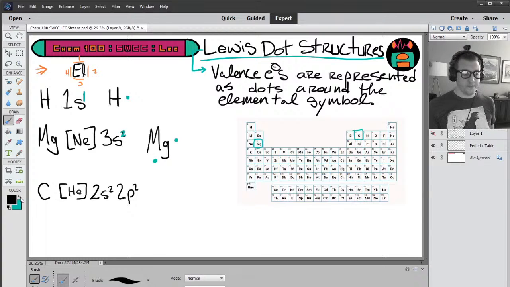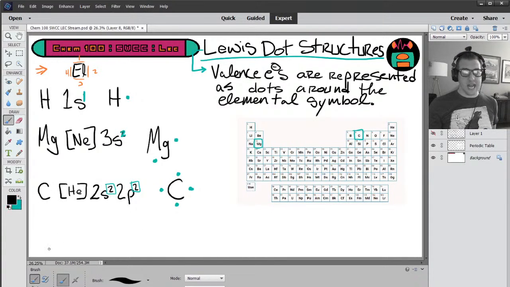Now carbon, when you look at its valence electrons, has 4. So that means we're going to put 4 dots on it: 1, 2, 3, 4. All right.